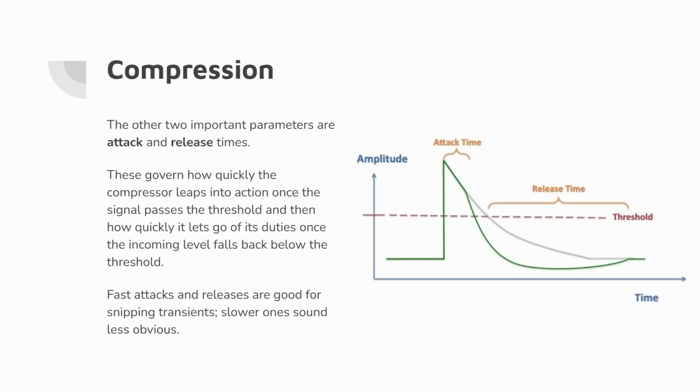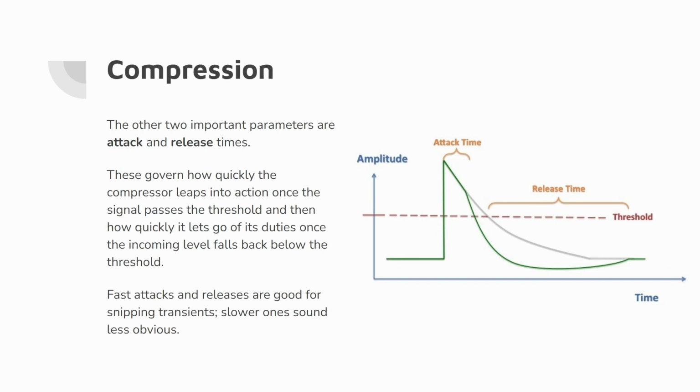But wait, there's more. There are 2 more controls you'll usually have: attack and release times. And that's how quickly does the compressor start doing its job? Does it let audio through, a little lenient, and then start squishing it down? Or is it really on its game and no peaks and sudden claps and stuff are getting through?